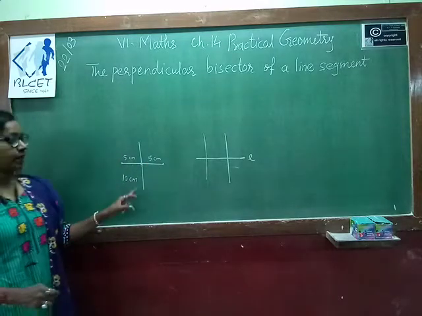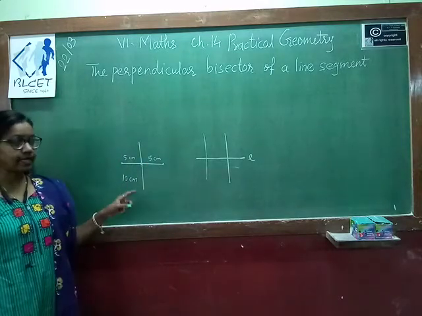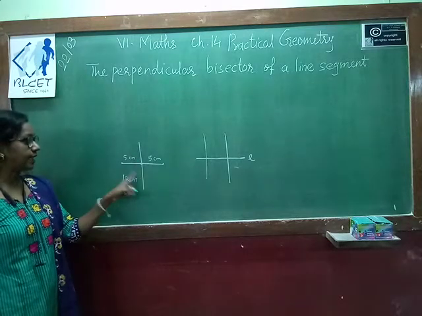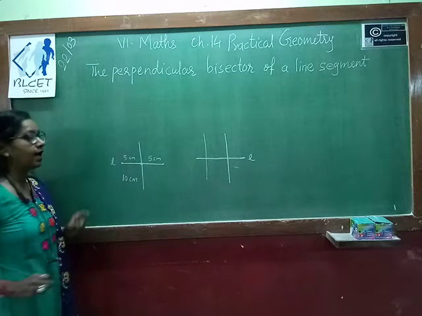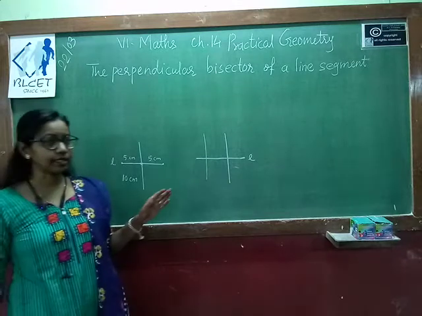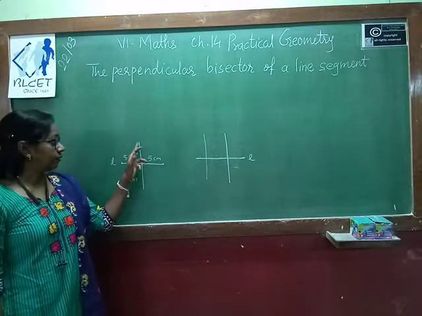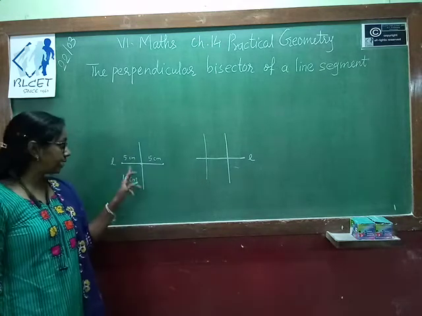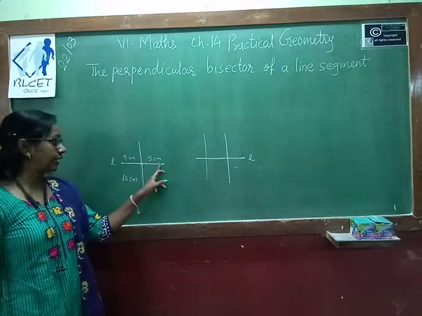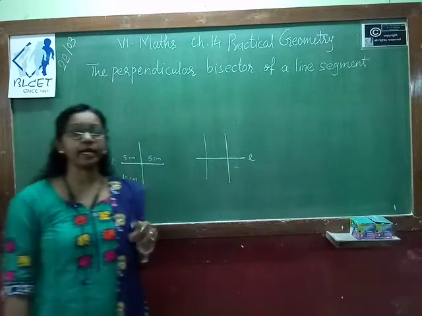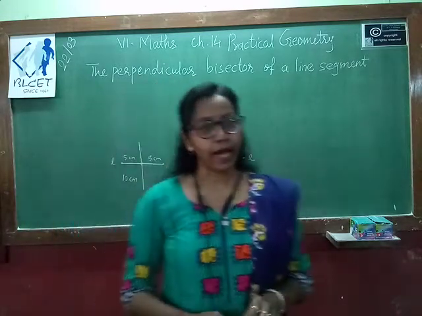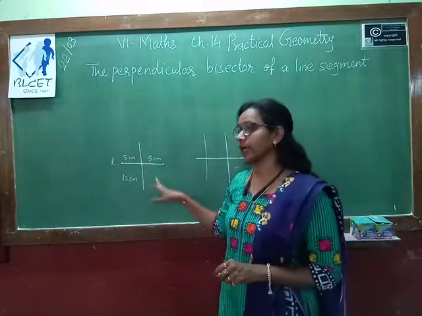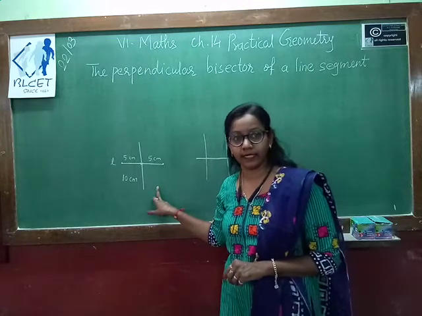So this is a perpendicular line segment as well as a perpendicular bisector of this line segment L. Got the concept? Whatever perpendicular line you draw that intersects this line in such a way that it divides the whole line segment into two equal parts, such a perpendicular is known as a perpendicular bisector.